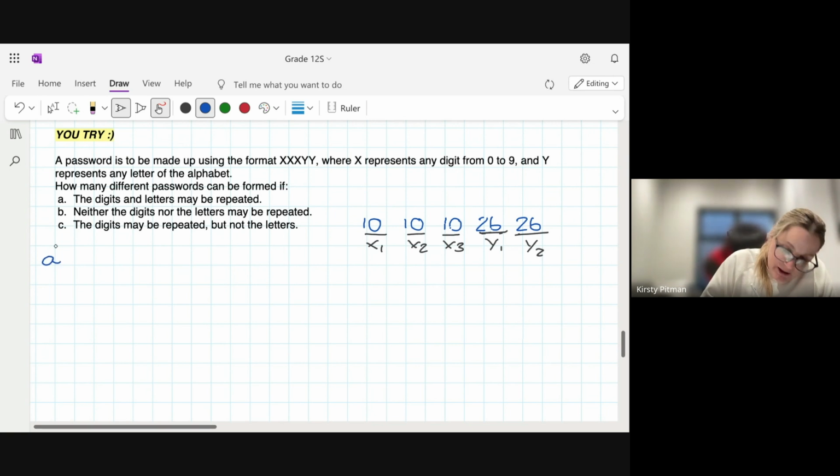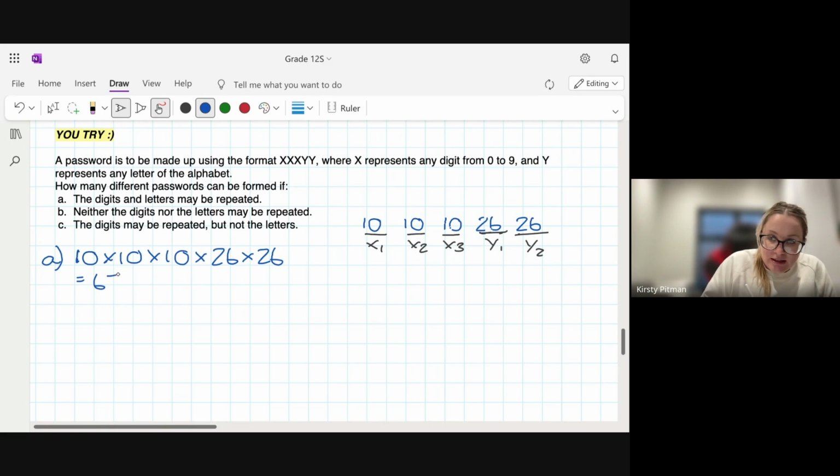So for A, I'm going to have 10 to the power of 3, or you can say 10 times 10 times 10 times 26 times 26. And when I calculate that, it gives me what? Good. 676,000. Be careful in the maths exam. Make sure you're writing down all the digits.